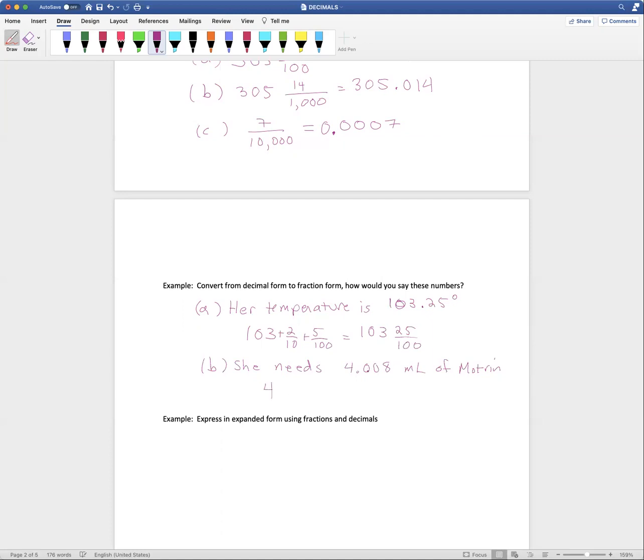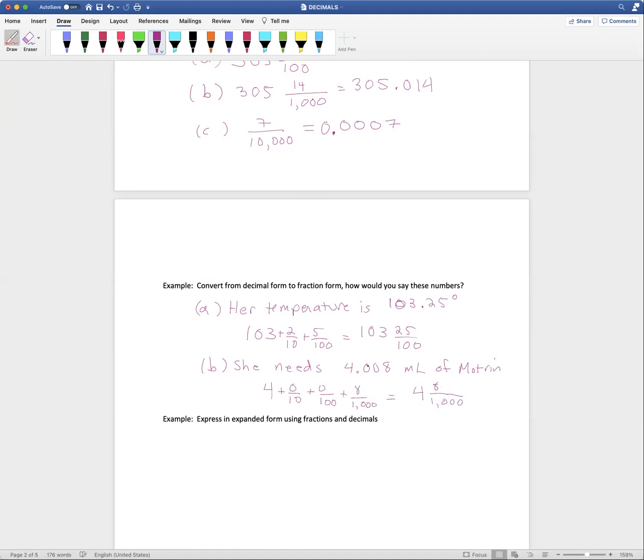And then 0/10, 0/100, 8 thousandths. So you could either call it 0/10, 0/100, and 8 thousandths, but that's the same thing as saying 4 and 8 thousandths. This is what it would look like in fraction form, again, using that base 10.